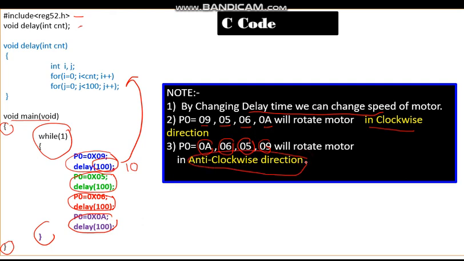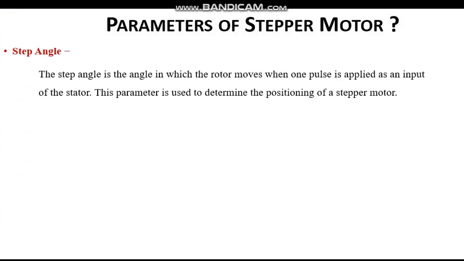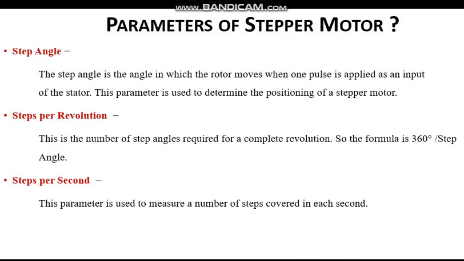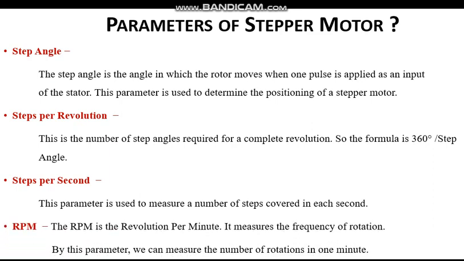This is the simple working of stepper motor when we interface with 8051 microcontroller. These are few parameters. Just have a look at these parameters. They are very easy. Step angle will tell the angle in which motor rotates when only one pulse is applied.